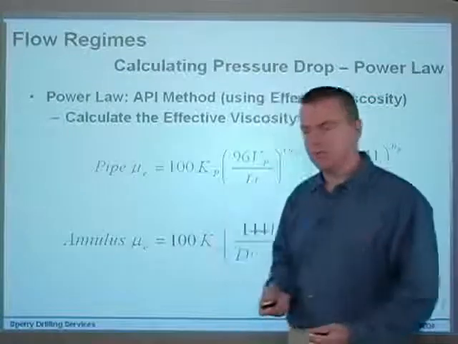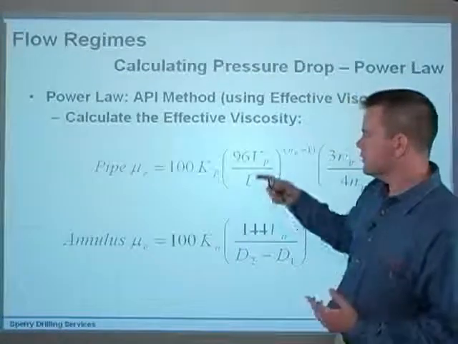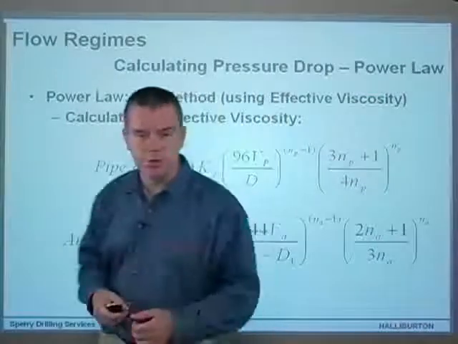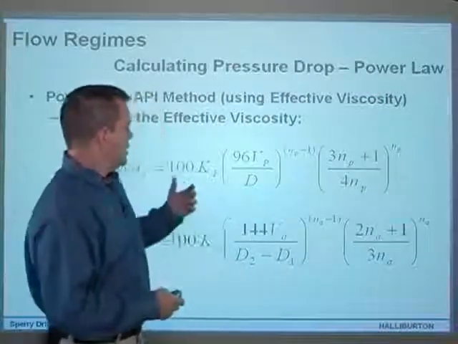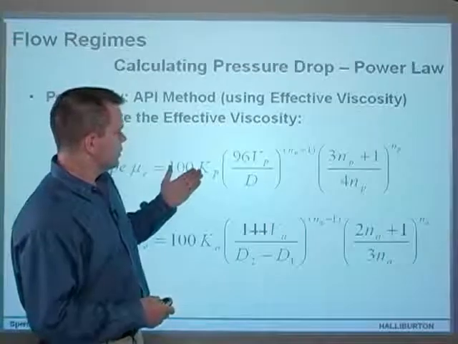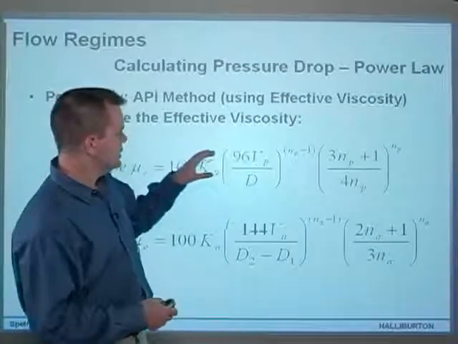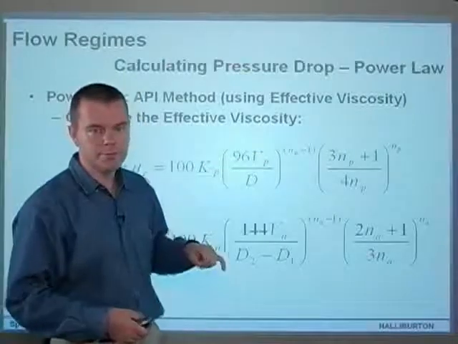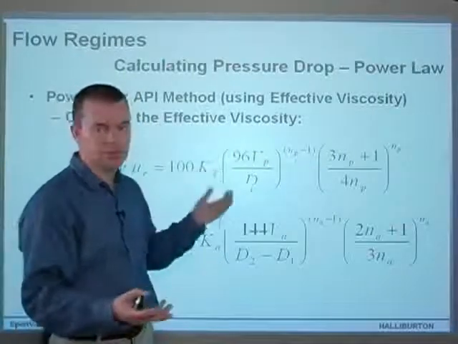And once you know the fluid velocity, you can then put that into these effective viscosity equations. The effective viscosity equations are basically using geometry, a couple of constants, and you've got N and K in there. Your N and K values are determining your viscosity.